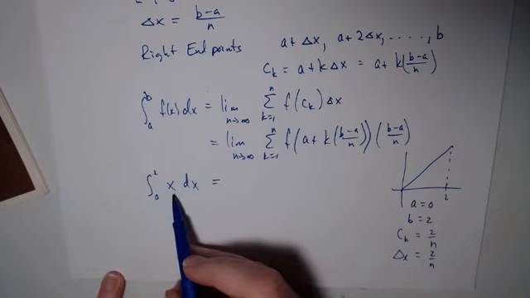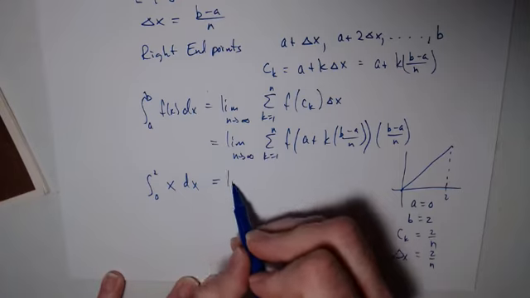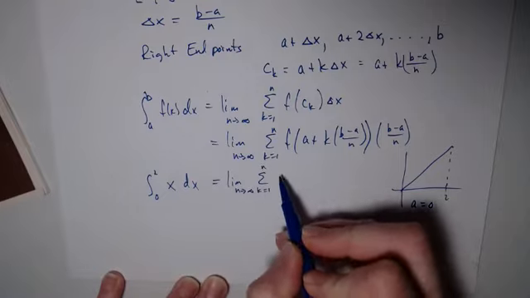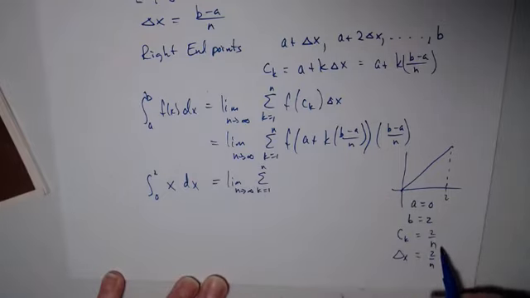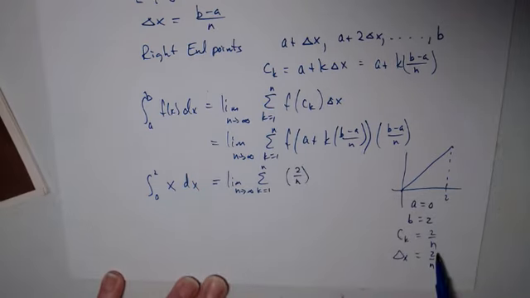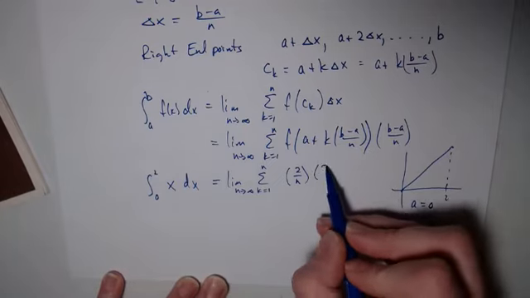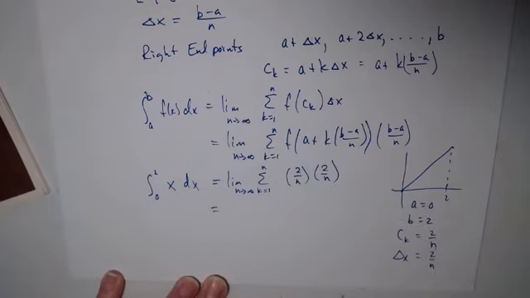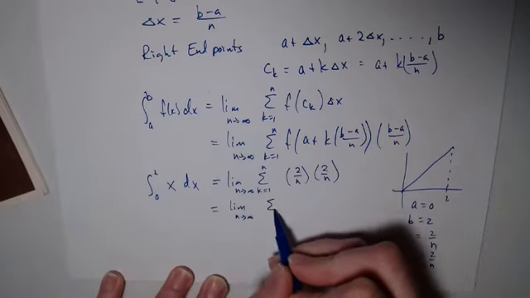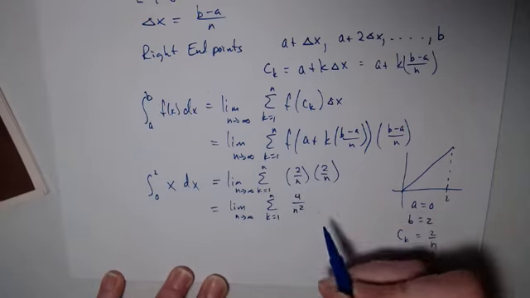So the integral from 0 to 2 of x dx, we need to start plugging in from our formula up here. So we have the limit as n goes to infinity, the sum as k goes from 1 to n. My f is just x, so that's going to be replaced with ck. And then my delta x is just going to be 2 over n. So this is the limit as n goes to infinity, the sum as k goes from 1 to n of 4 over n squared.